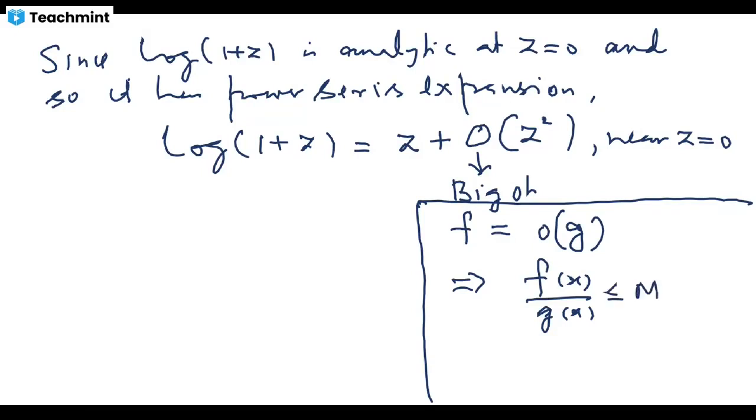And that will simply imply that each term f of x is less than or equal to some constant times g of x. That's not exact, but it's the way when you have these numbers in a neighborhood of 0. So this is it. So that simply means everything here is bounded by z square.